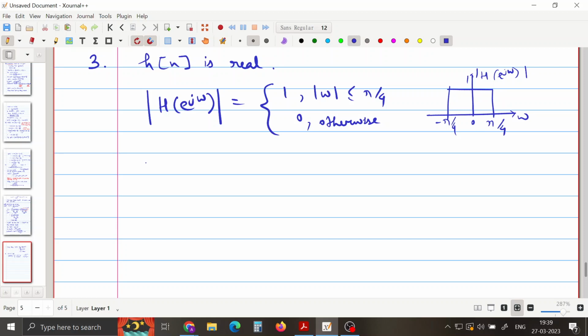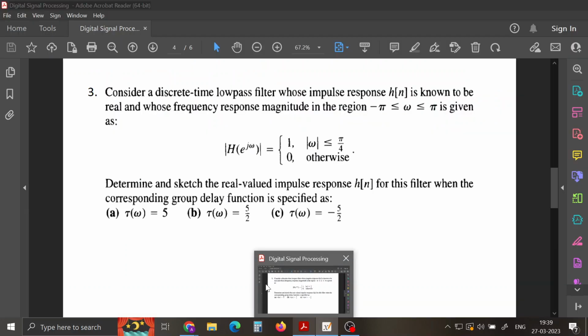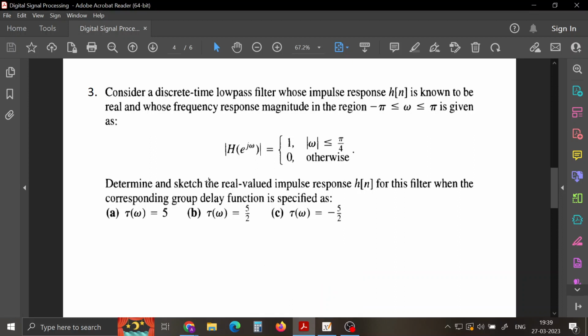But you see, the thing is, you can't directly compute its inverse discrete time Fourier transform or IDTFT, because we only know its magnitude response.